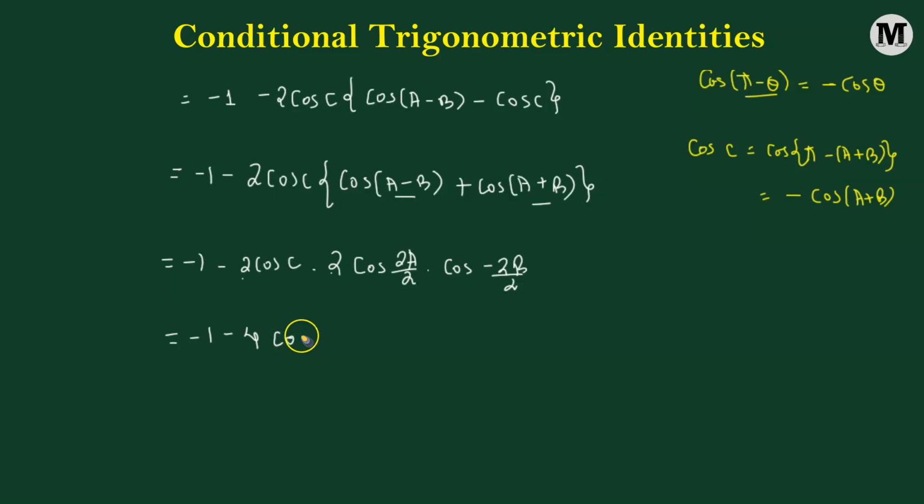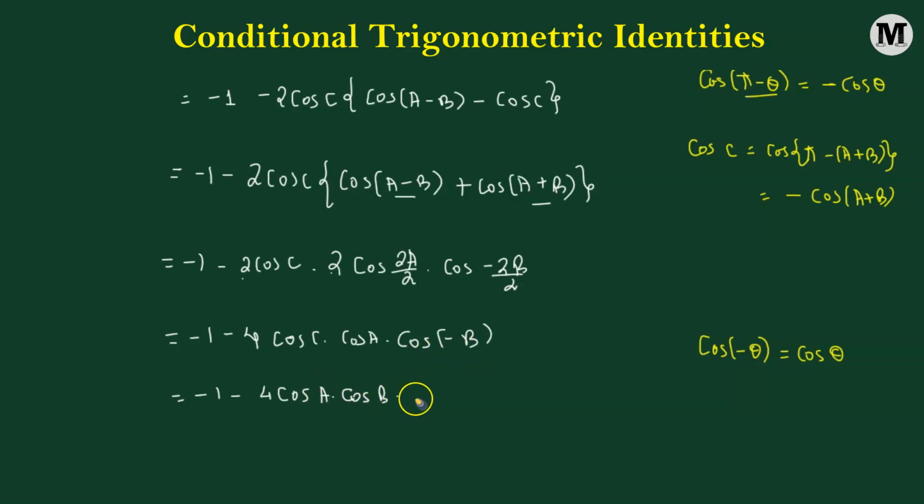So we have 4 times cosine of angle C times cosine of angle A times cosine of negative B. But we know that cosine is an even function, meaning whenever we have cosine of negative theta, that's simply the same as cosine of theta. So finally we are getting -1 minus 4 times cosine of angle A, the cosine of negative B becomes cosine of B, multiplied to cosine of C. So this is going to be the right hand side.